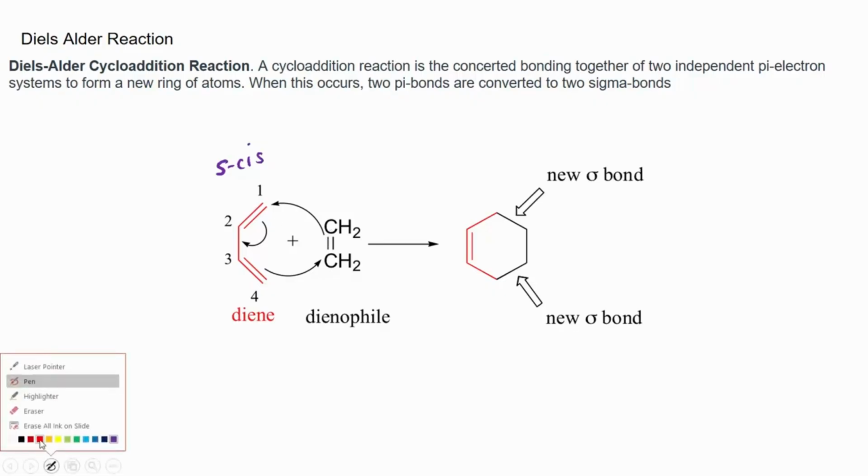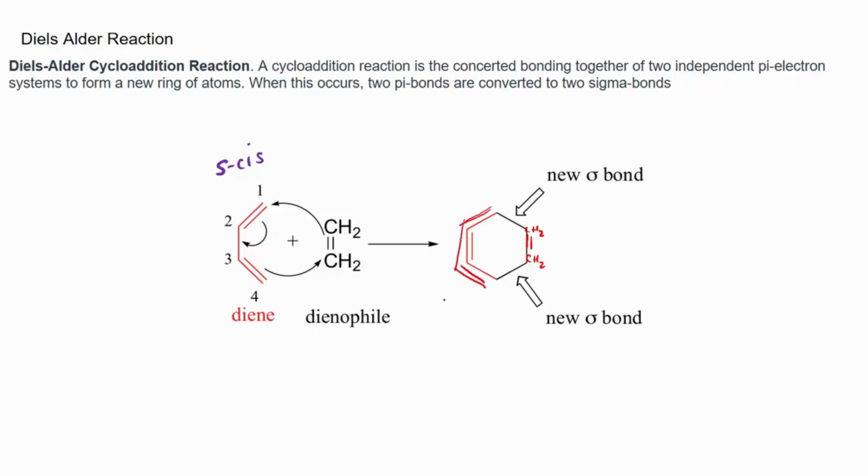So this, I'm going to write it in red, CH2, this was our dienophile, and this was our diene. So you see we've created all these new bonds in order to form a new cyclic compound.